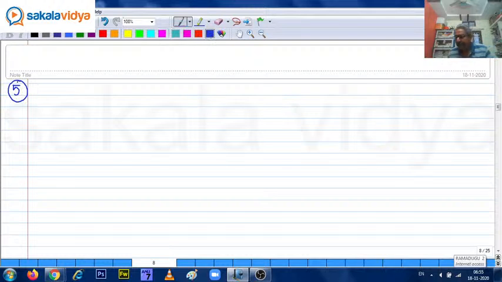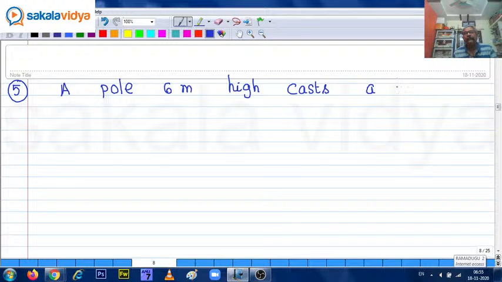Fifth question. A pole 6 meters high casts a shadow, that means shadow of the pole, 2 root 3 meters long on the ground.